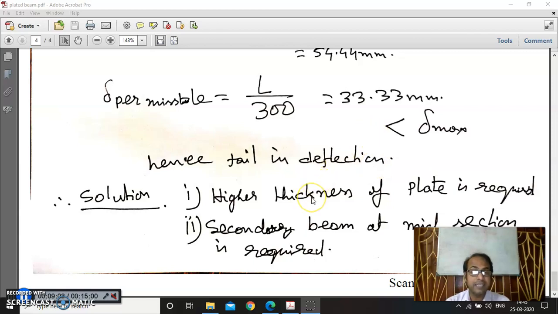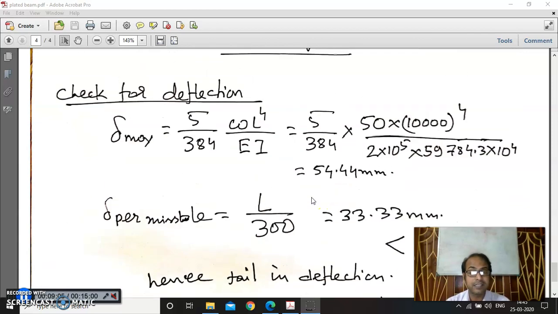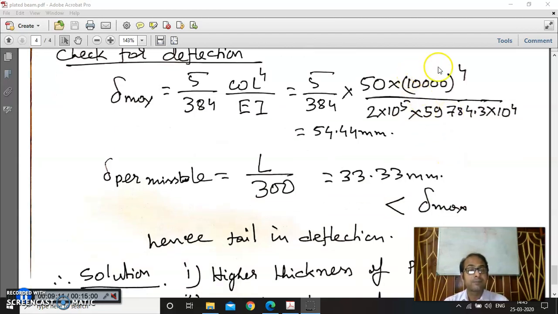If I is increased by providing higher thickness, it is in the denominator, so it will reduce the deflection, and if the span is reduced, it is in the numerator, so it will also reduce the deflection.